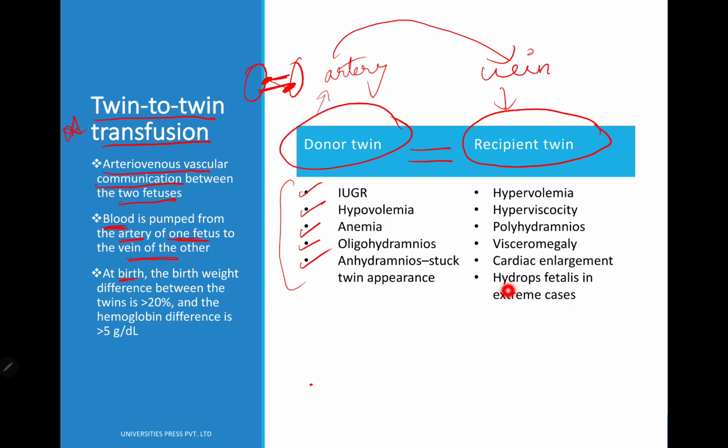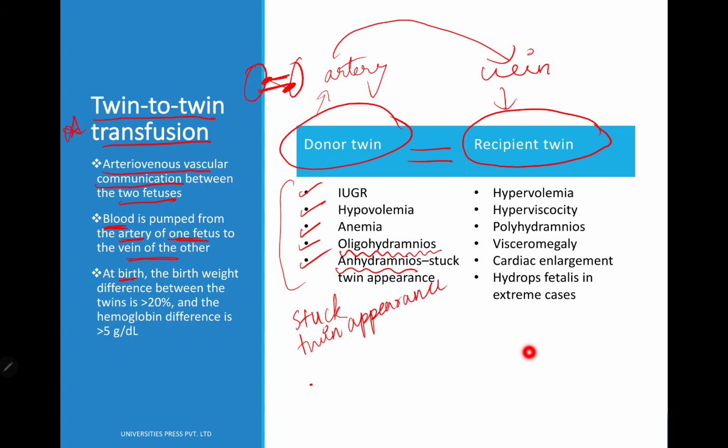The donor twin will have IUGR, hypovolemia obviously, anemia, and very importantly, guys, the donor twin is the twin which is going to have oligohydramnios. Oligohydramnios and anhydramnios, stuck twin appearance. Very important, this appearance. Stuck twin appearance is seen because of this anhydramnios.